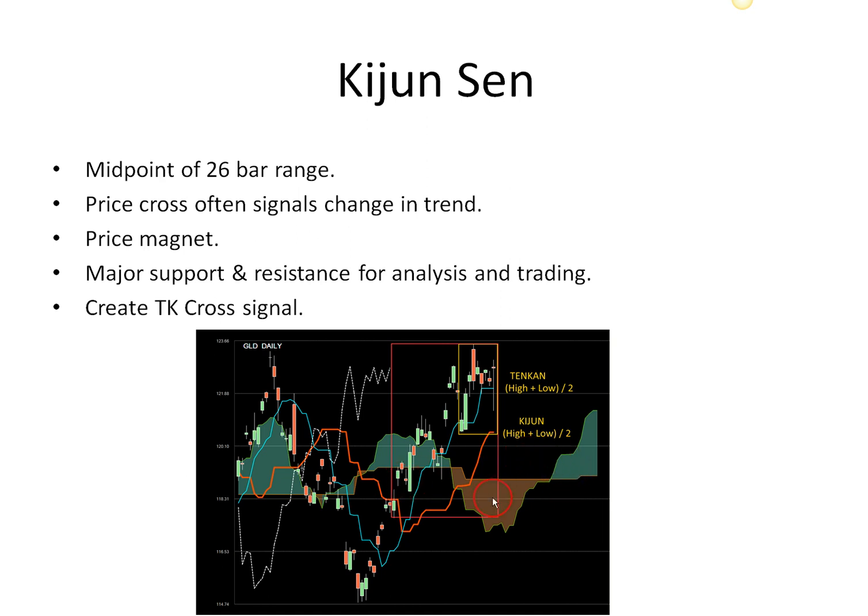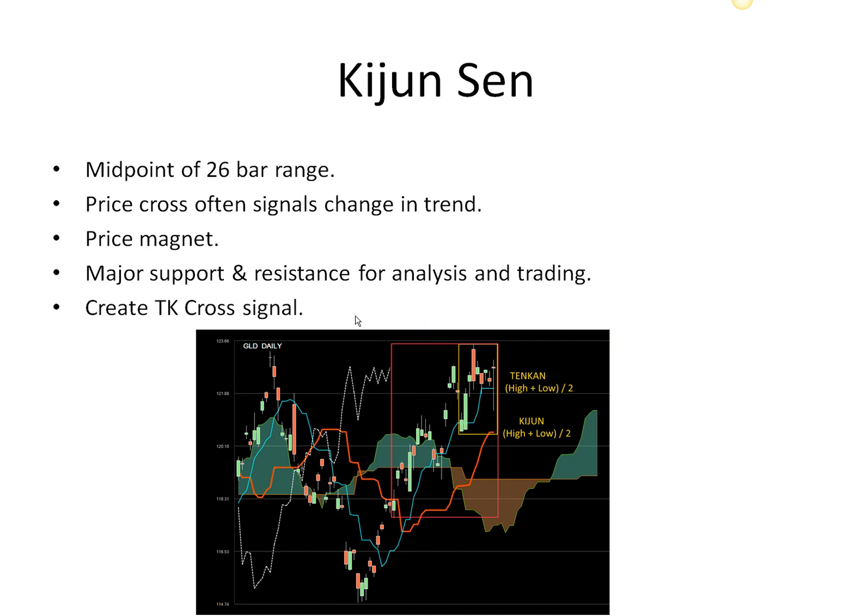Now we can see the red box constitutes the 26 bars, the high-low of which we use to plot the Kijun Sen, and the little tan-colored box is the Tenkan Sen, and that's the highest high, the lowest low of this 9-bar period divided by 2.